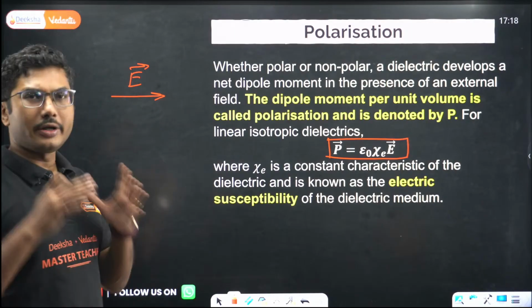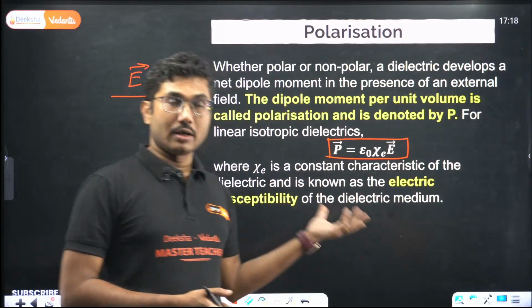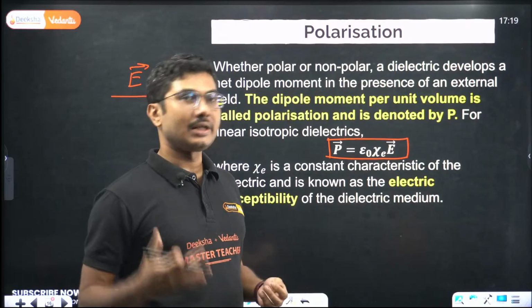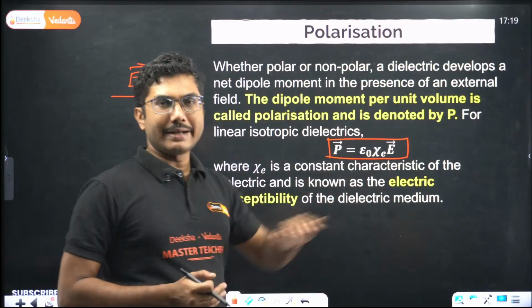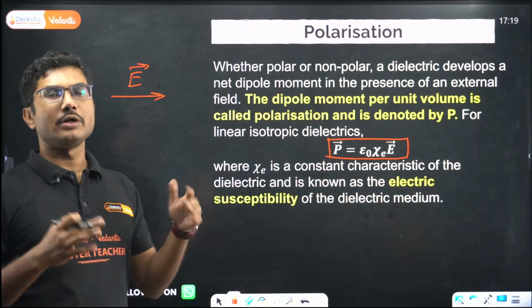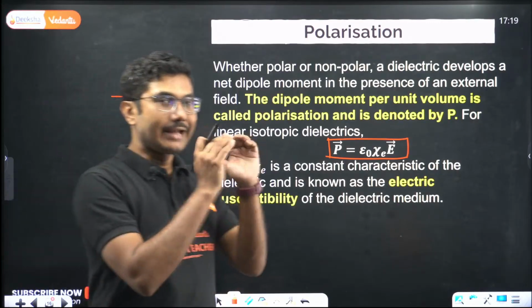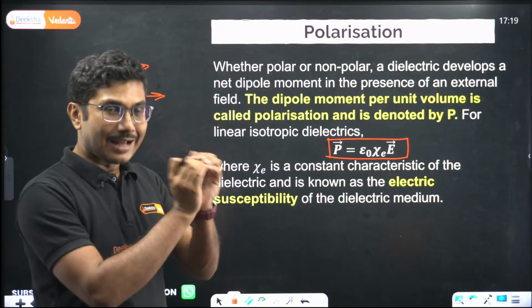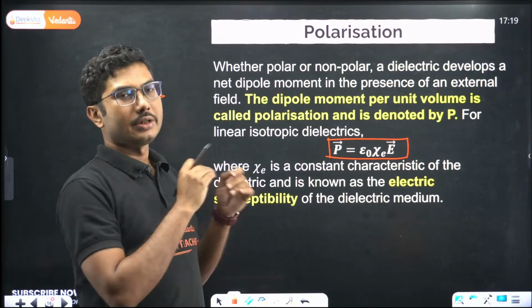By default, at the crystal level, be it polar or non-polar, both do not have any net dipole moment. Net dipole moment is still 0. But when you apply an external electric field, the net dipole moment no longer remains 0 in both cases. So net dipole moment per unit volume is called the polarization.